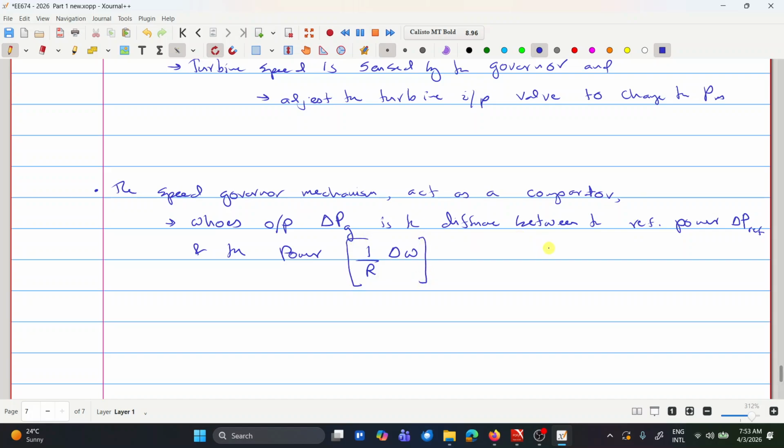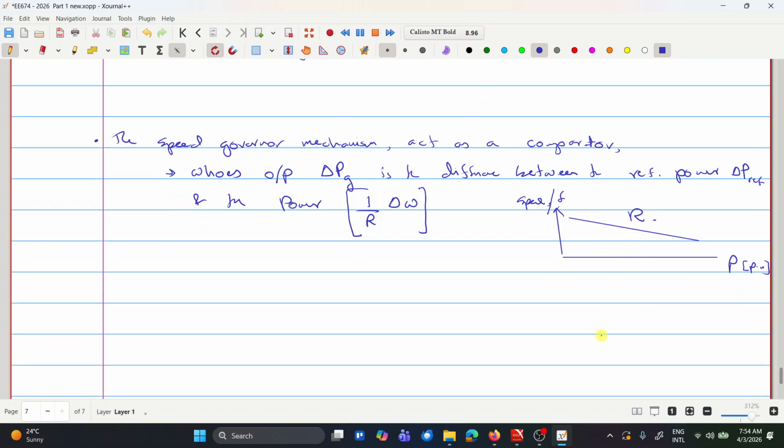So this is the frequency sensitive part. So if you look at the frequency or the speed versus the power in per unit, you have this droop characteristic which is R, right?